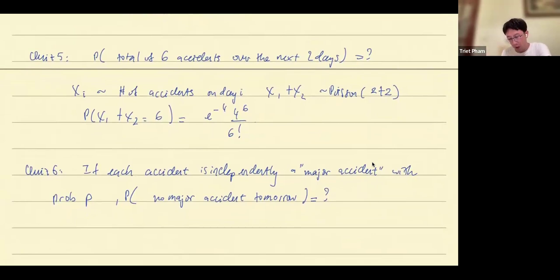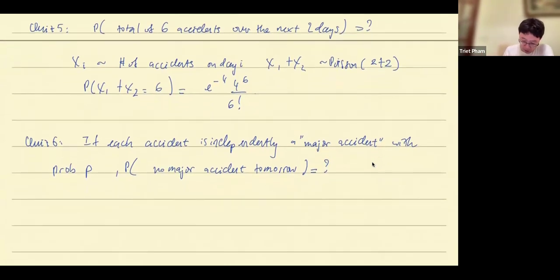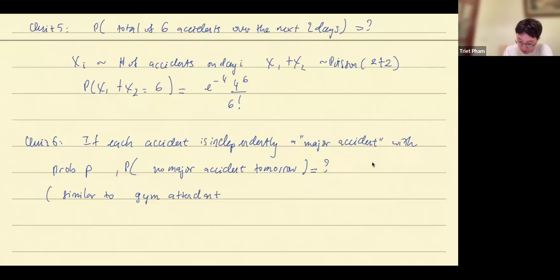Here the type is a major or minor accident. As an example, let's say people go to a gym. It's a Poisson, whatever. You can just throw in a rate here, per day.